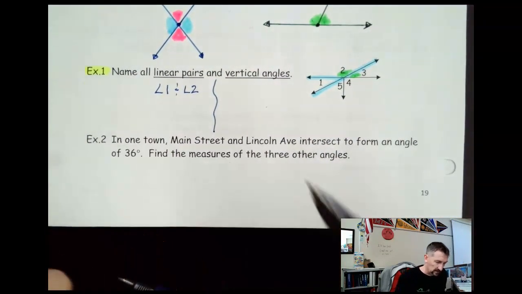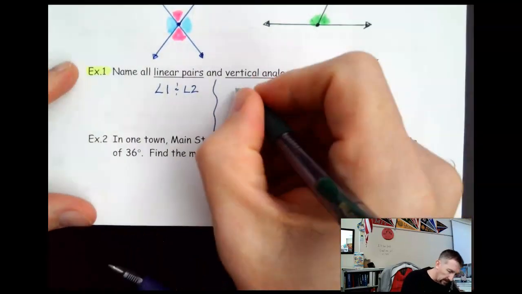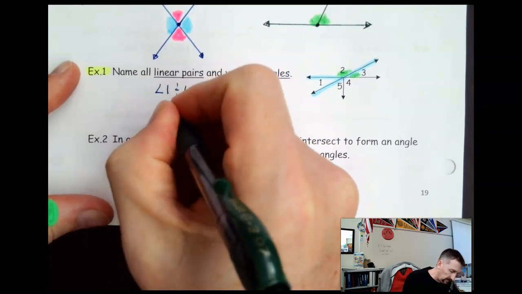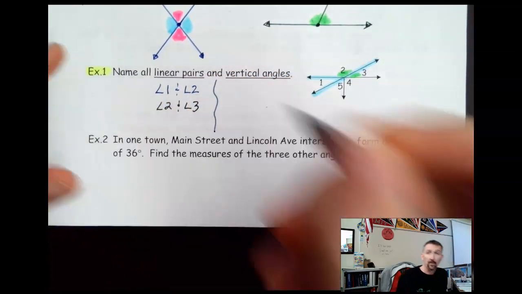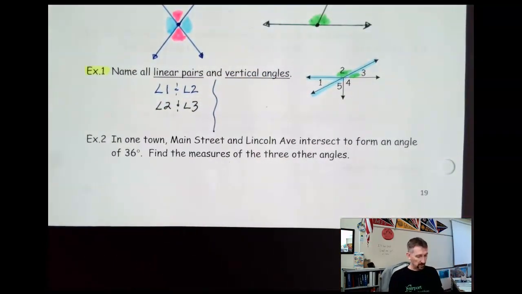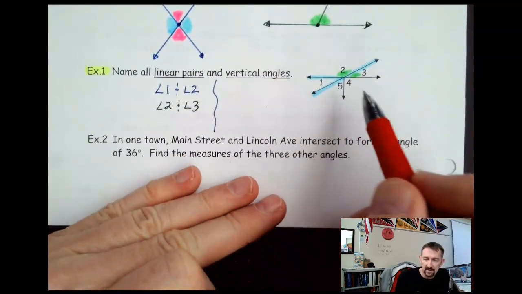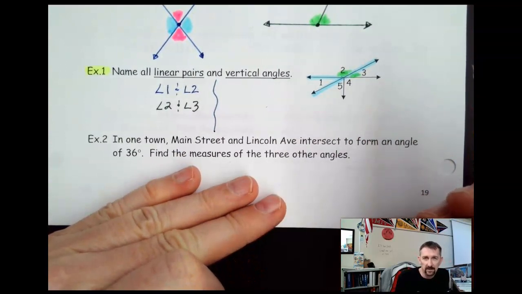Okay, so angle 2 and angle 3 are a linear pair as well. So the question also asks us, are there any vertical angles? Now, some students in class normally try to tell us that there's some other linear pairs there, but that's not true.